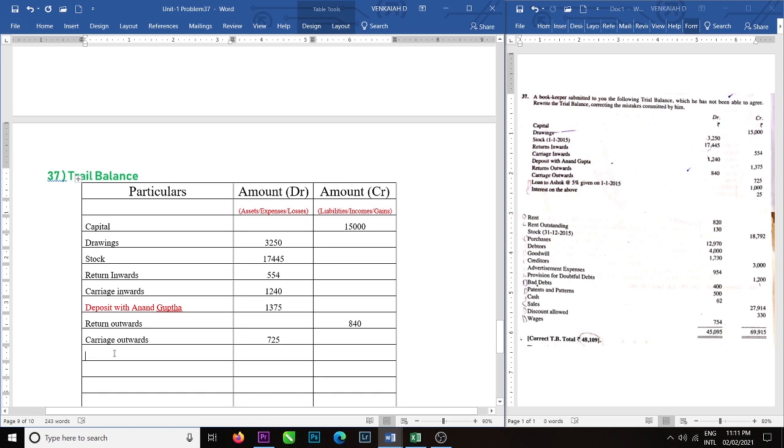Loan to Ashok. We gave a loan to Ashok, also an asset, at the rate of 5%. Amount is 1000. Interest on the above is income.